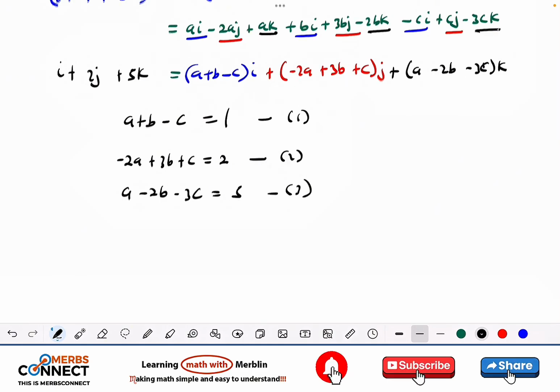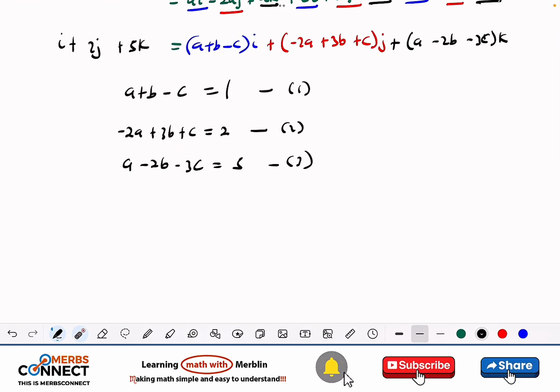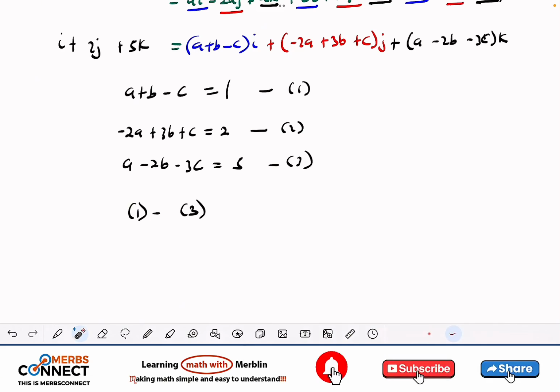So now the thing is on us how we are going to do that. So I'll do elimination. I love elimination. So for example, equation 1 and equation 3, I can see that the coefficient of A is just standing alone. So I can just eliminate that one out. So I can say equation 1 minus equation 3. So this minus this will be 0.